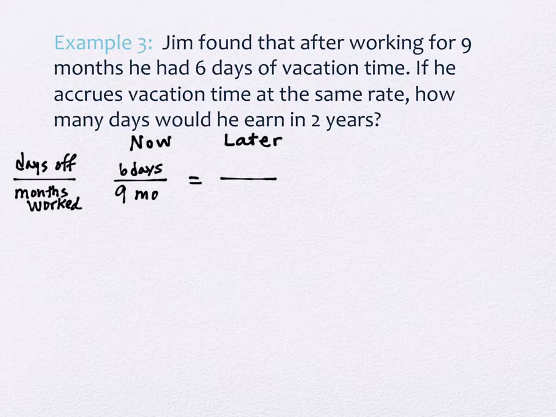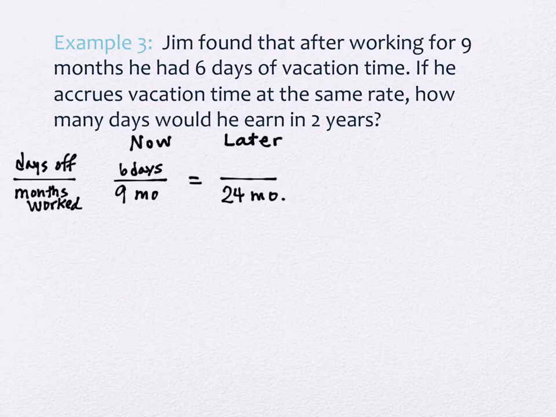How about the later? What do we know about the later? Yeah, we know that he's worked for 2 years, and 2 years needs to be 24 months. And Kinsey's exactly right. We need to turn it into months, or it won't make any sense. It has to be the same. Yes, Laura? Is it going to be the 24 months plus the 9 months with it? No, it's saying in a total of 2 years is the way it's worded.